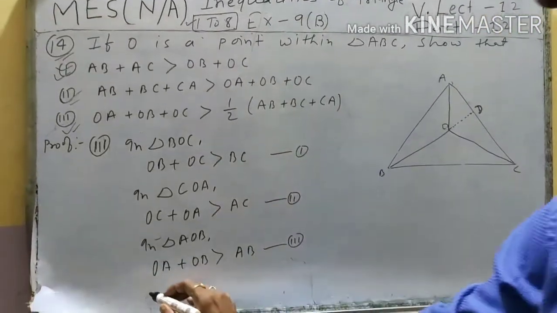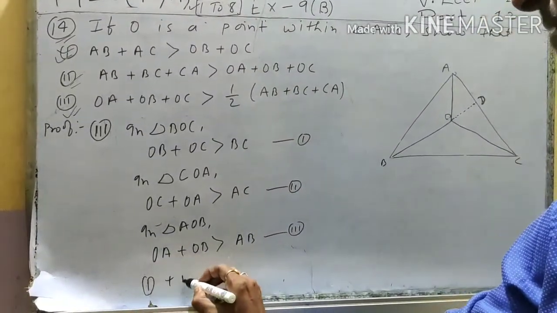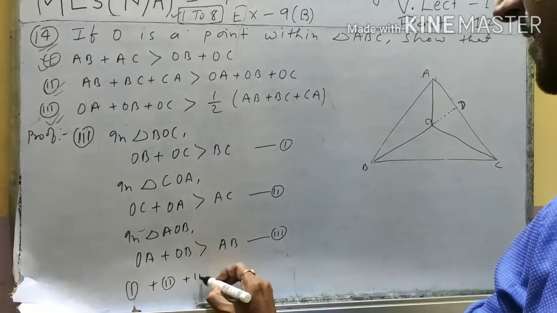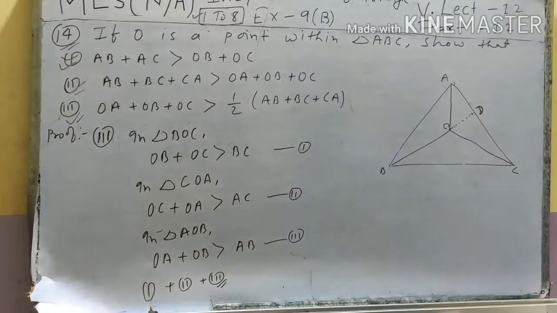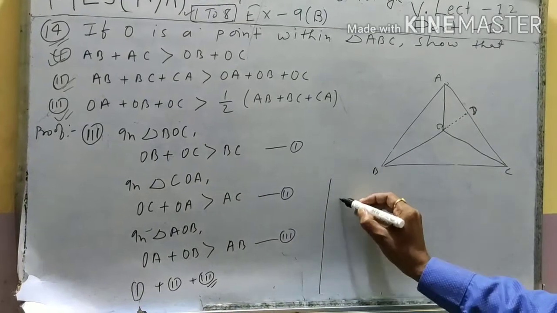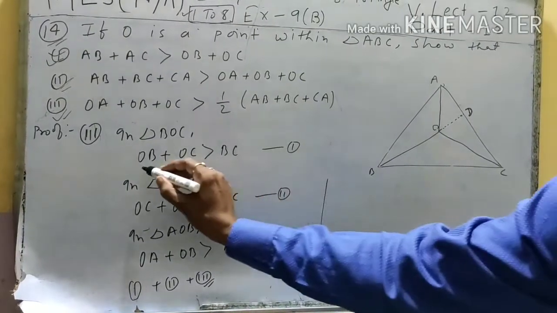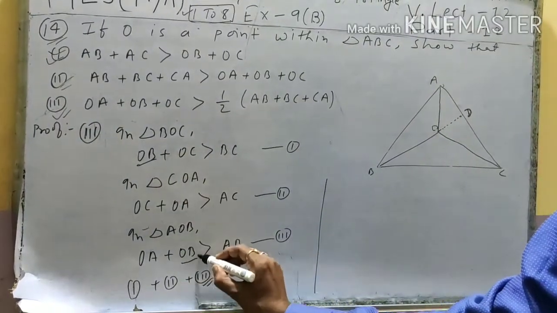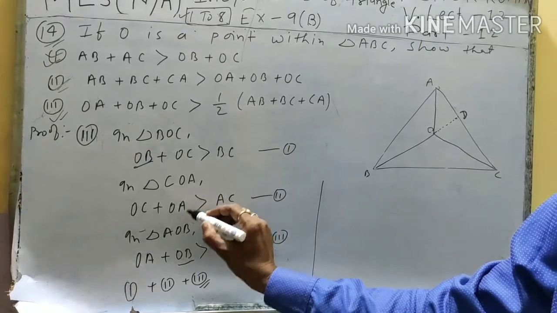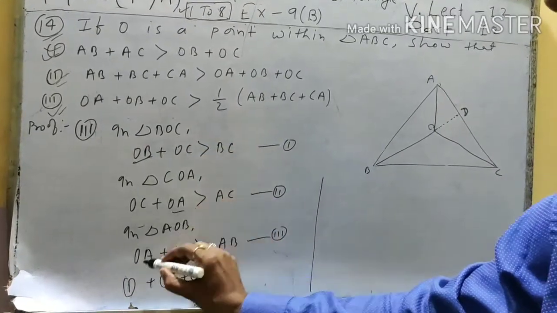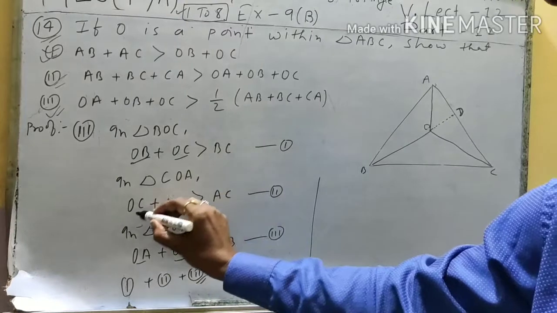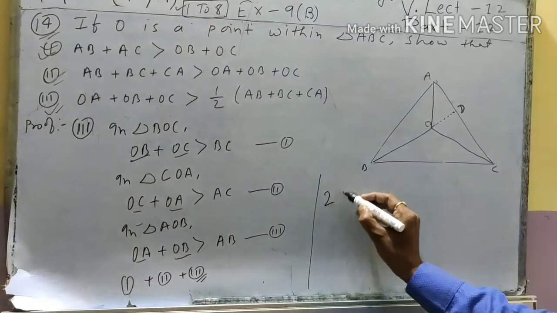Adding these three equations, that means equation 1 plus equation 2 plus equation 3, what will we get here? OA and OA 2 times, OB and OB 2 times, and OC and OC 2 times. That means 2 is common.